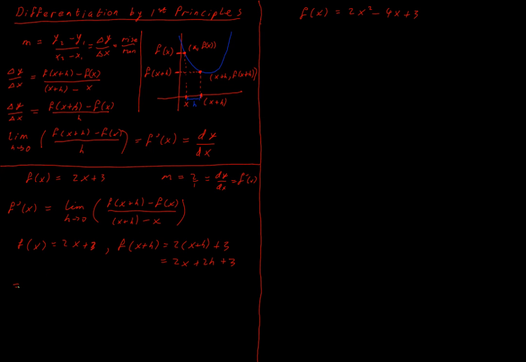So our next line then becomes limit as h tends to 0 of 2x plus 2h plus 3 minus f of x, which is 2x plus 3, all over h. I can see I have 2x minus 2x and 3 minus 3, so I'm left with 2h all over h.